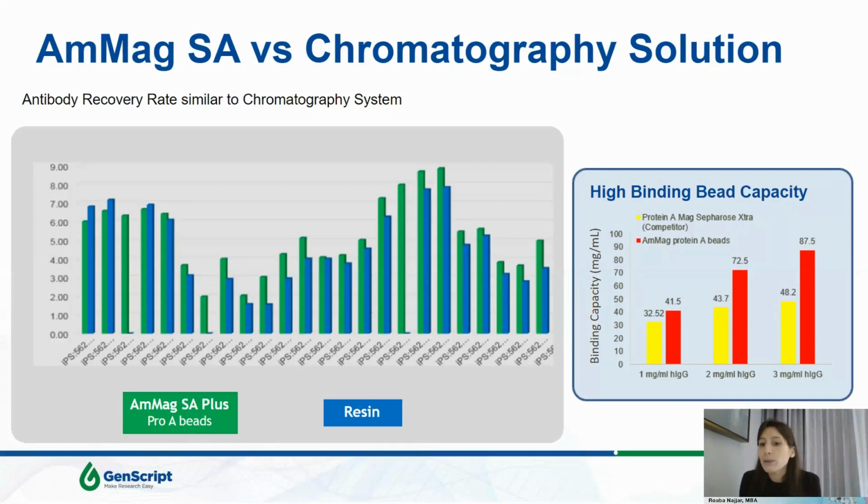So you can see on the right-hand side that we did a protein A resin that is available in the market, again, of course, with protein A. And you can see basically for the MMAG Assay beads, they were actually outperforming and in some cases significantly increasing the capacity, especially when you get to the higher throughput range.